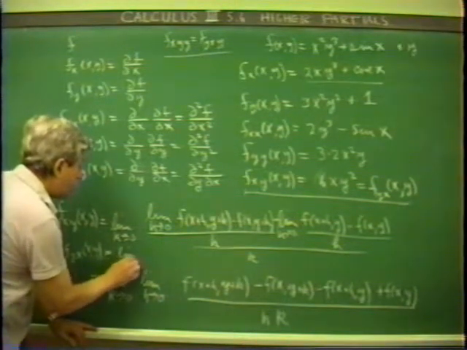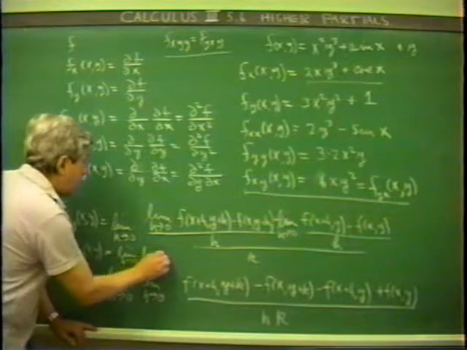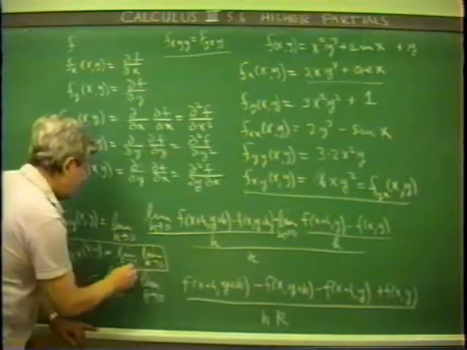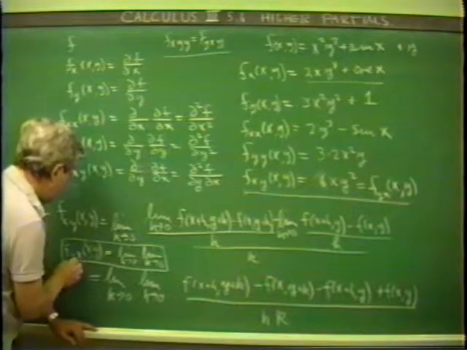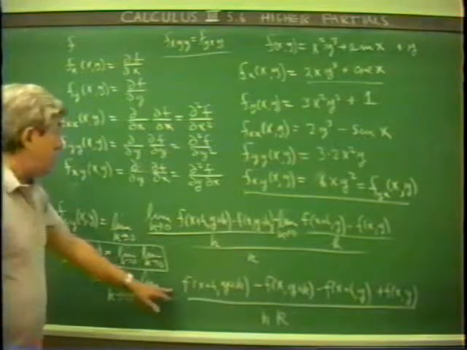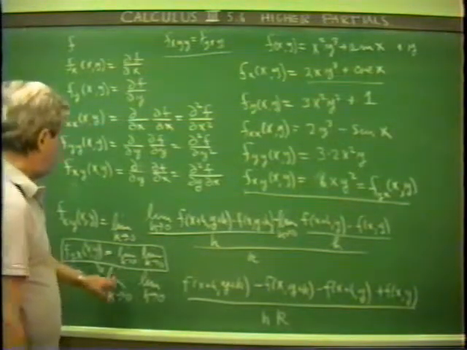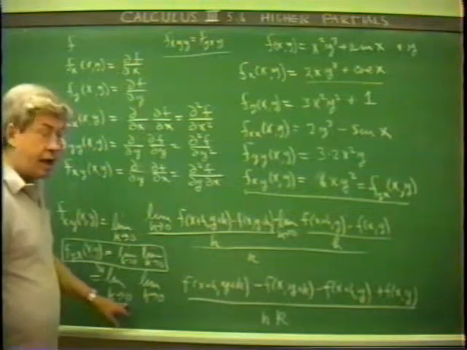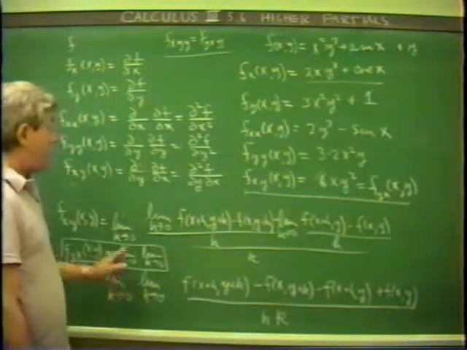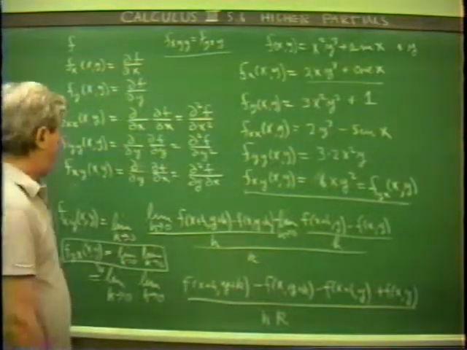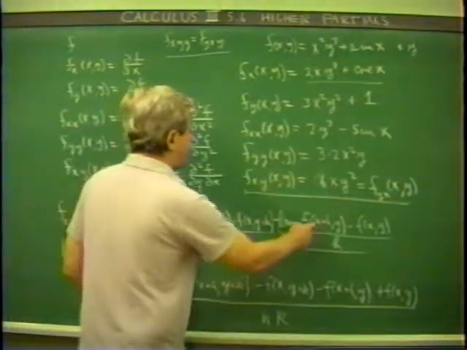The only difference is that you're going to have the limit with h going to 0 on the outside and the limit of k going to 0 on the inside. So to compute this, you make this substitution and compute the limits. Well, if it doesn't make any difference whether you let h go to 0 first and then let k go to 0 or vice versa, then you're going to get the same result in the limits.